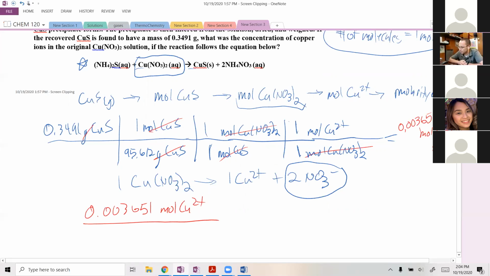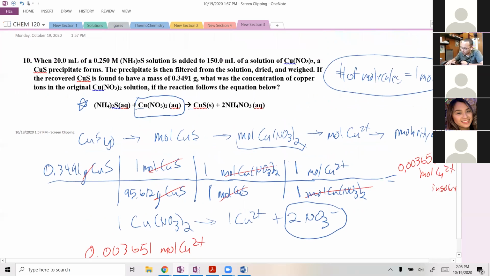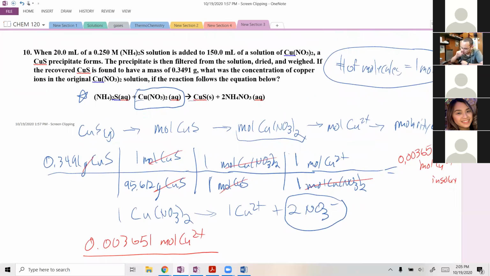We need to find out the volume. So looking at our original solution, what was the volume? 0.15 liters, right?